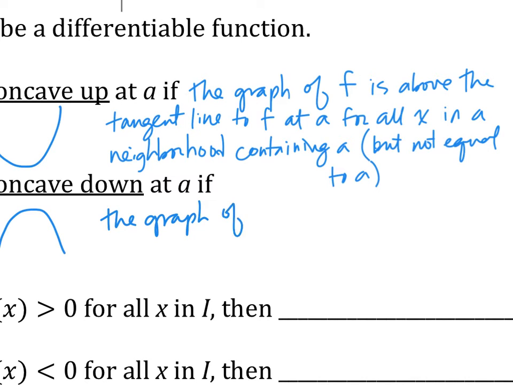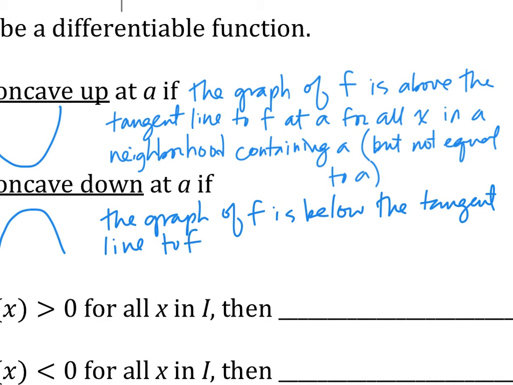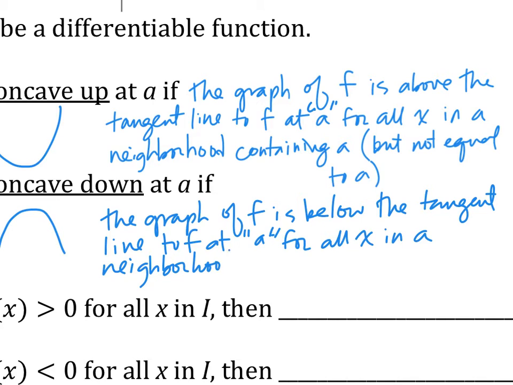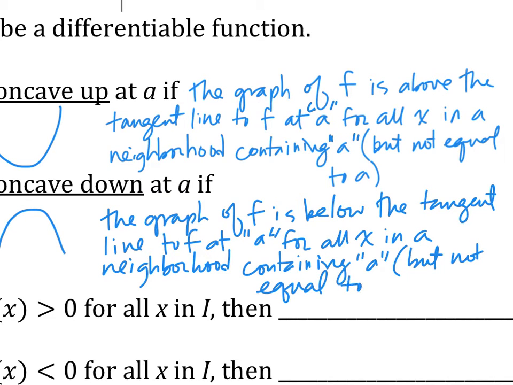The graph of f is below the tangent line to f at A, let me put this in quotes, for all x in a neighborhood containing A, but not equal to A.